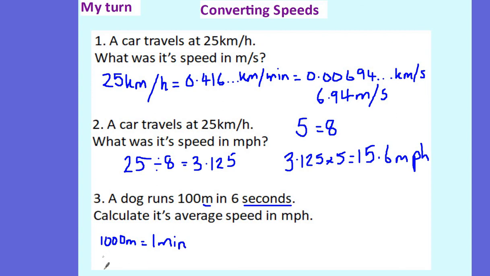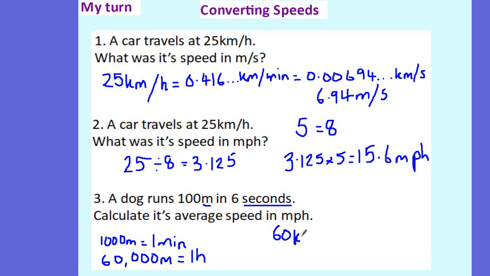If I then times that by 60, I know the dog is running 60,000 metres in 1 hour. That I can then convert into kilometres per hour by dividing it by 1,000.